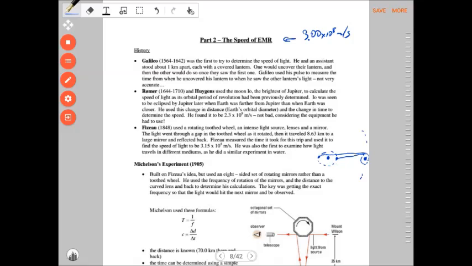Anyways, they knew, don't ask me how, Earth's approximate diameter, or the diameter of Earth's orbit around the sun, sorry. So they had a good estimation of that distance, and they figured that the difference between the time it took to see Io in the close approach versus the far approach was about 22 minutes, or 22 minutes late.